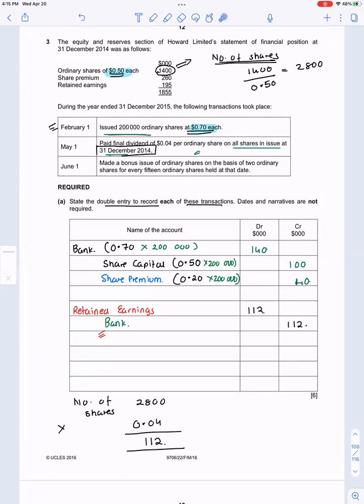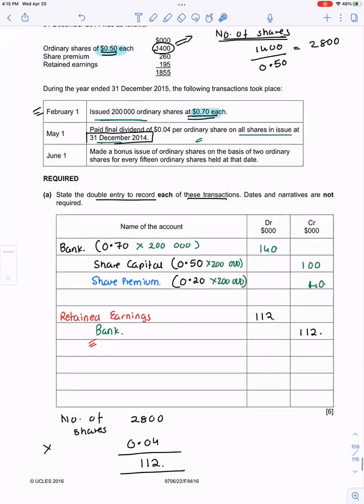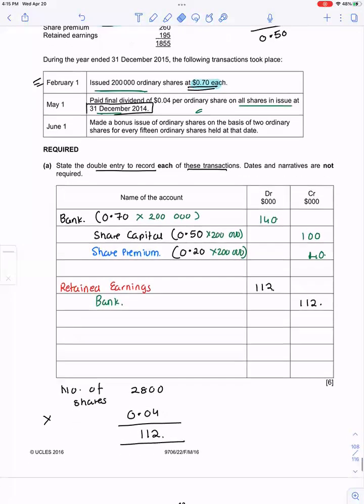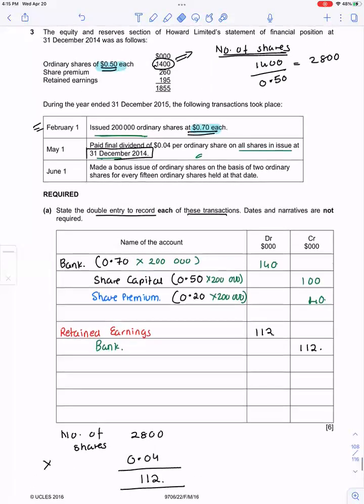You should check whether retained earnings has that much of balance or not. It does have. Are you all with me?